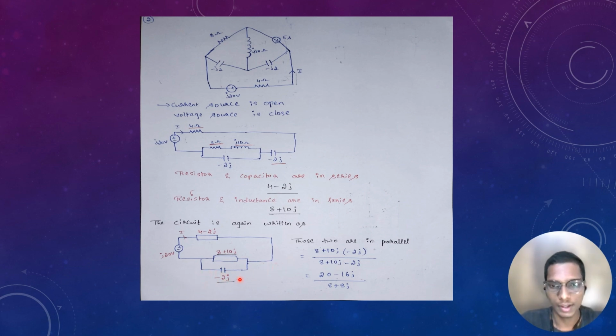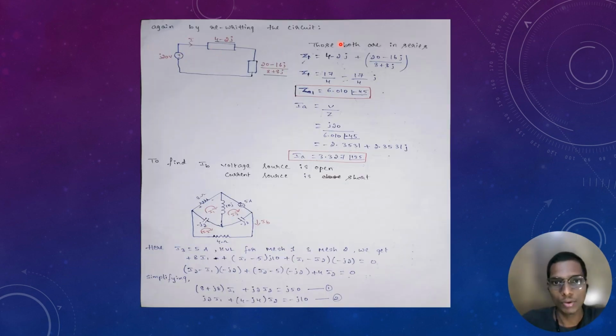After redrawing the circuit, these two are in parallel. So that is 8 plus 10j into minus 2j divided by 8 plus 10j minus 2j. This is the parallel formula. Again we redraw the circuit.